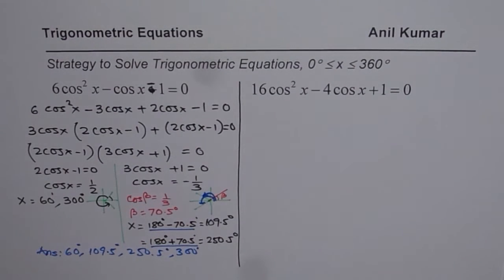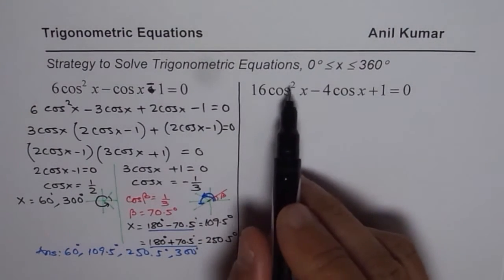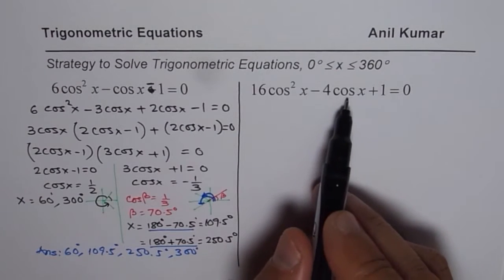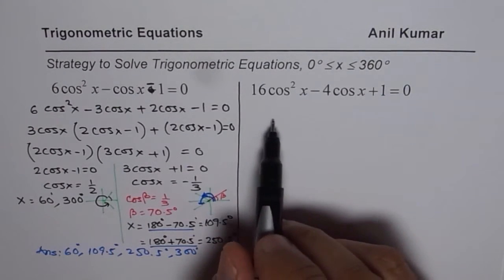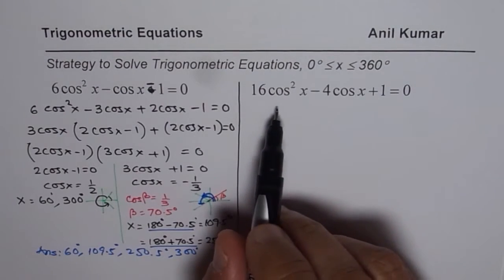Now let's look into the second example. Second example is 16 cosine square x minus 4 cos x plus 1 equals to 0. Now here it is difficult to factor, so what we do is we use quadratic formula.